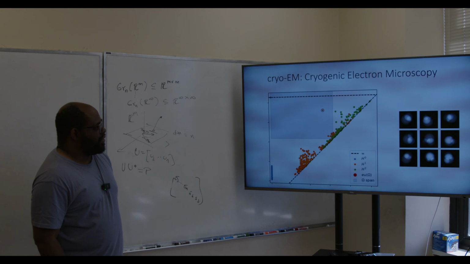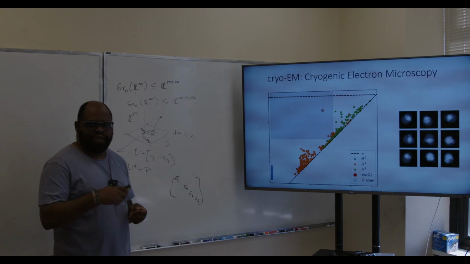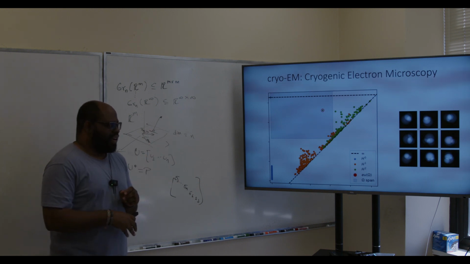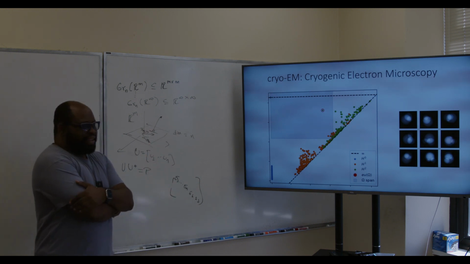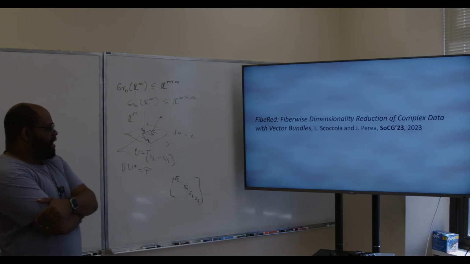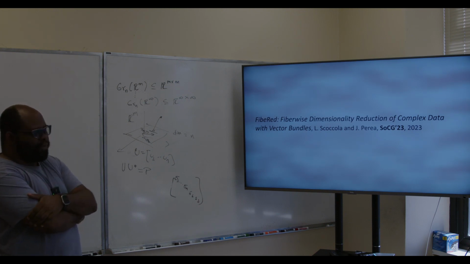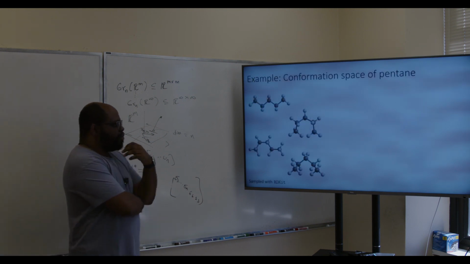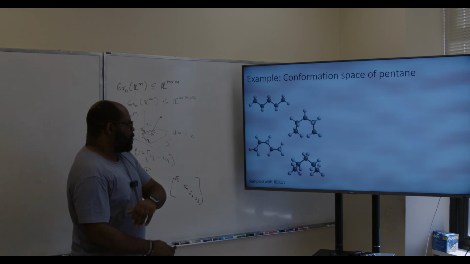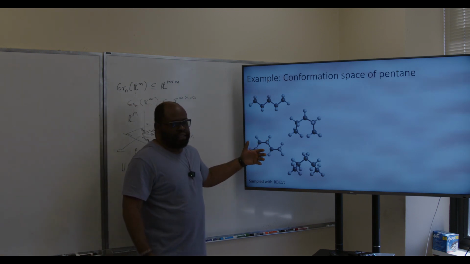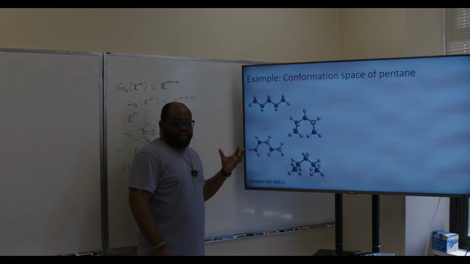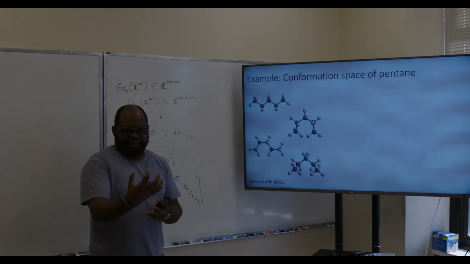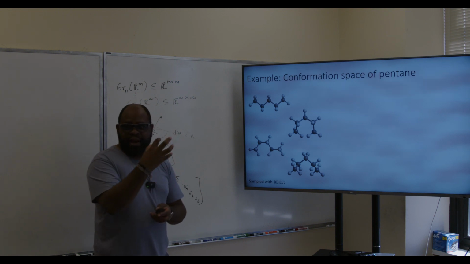So let me give you a preview of another paper that applies this technology, and we can talk about it if you're interested. The paper is Fiberwise Dimensionality Reduction of Complex Data. The goal is to be able to do dimensionality reduction for things like conformation spaces of molecules. What we mean by that is the following. Take a molecule and realize it in Euclidean space, in R3.